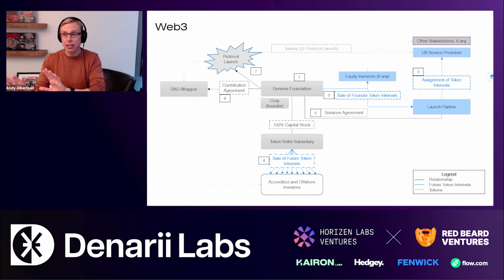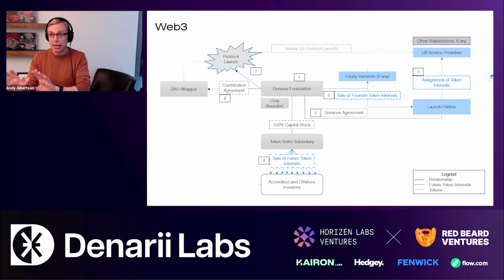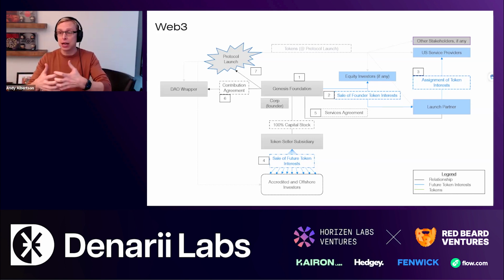And so we have guidance from FinCEN from 2013, and then updated in 2019, to create this concept of decentralized convertible virtual currency. In the space, we refer to it as the Bitcoin guidance because it was written in response to Bitcoin.